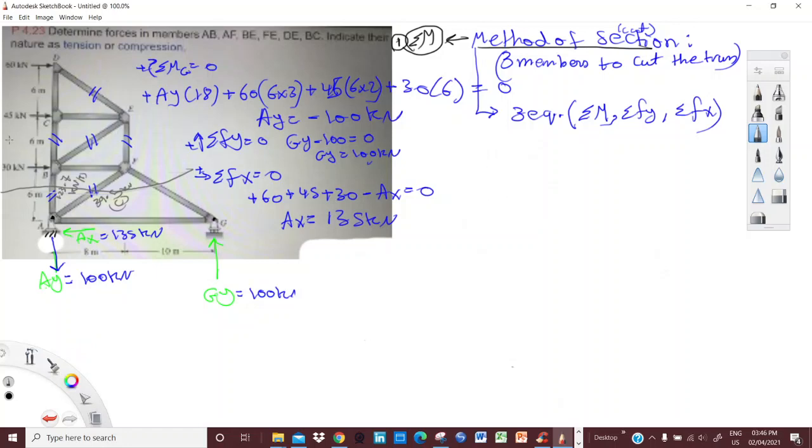Okay, guys, I'll do the section. I'll take the upward part. You have an external load of 60 kilonewton, then something like this. At C you have a force of 45 kilonewton.